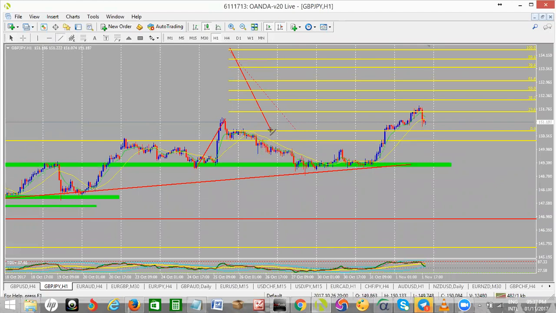Then I want to see the market rally up to the 61.8. I personally don't like the 50, except when I'm drawing the bad pattern; that is where I use the 50 and the 38.2. But I personally like the 61.8 because it's the golden ratio. It's pretty much the most accurate ratio in the market.